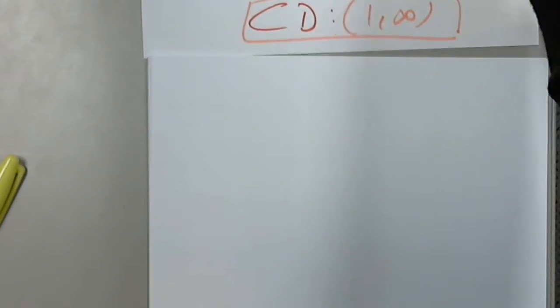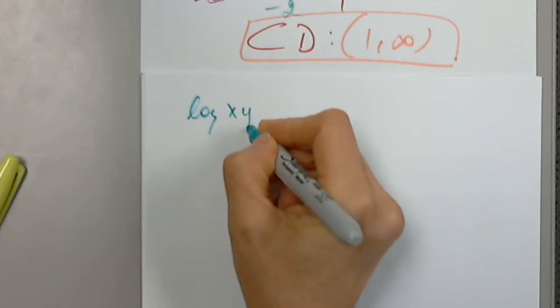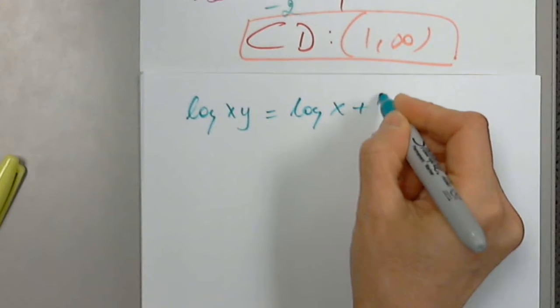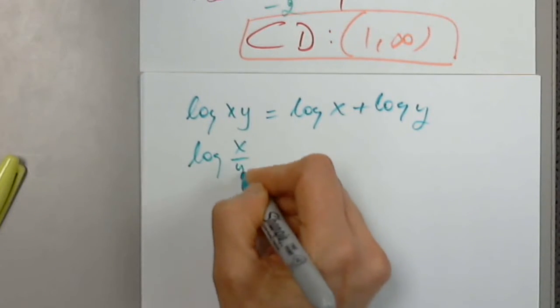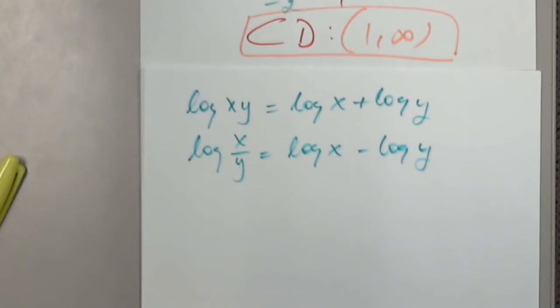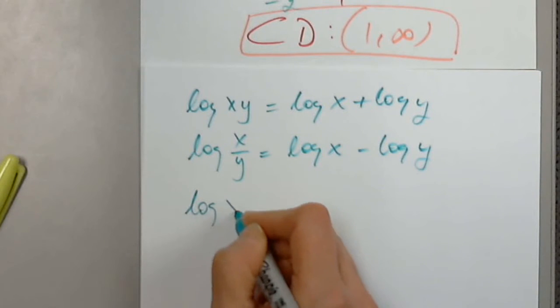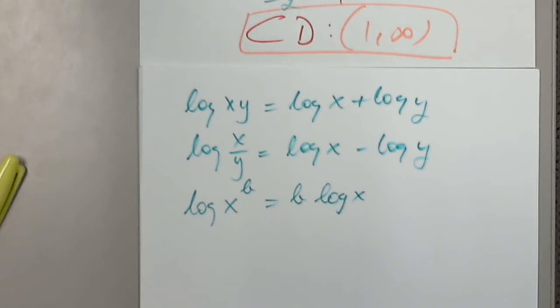So log applied to a product is log x plus log y. Log applied to a ratio is log x minus log y. And log applied to a power, which we already used a couple of times already.